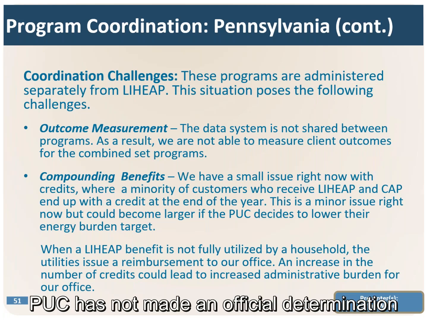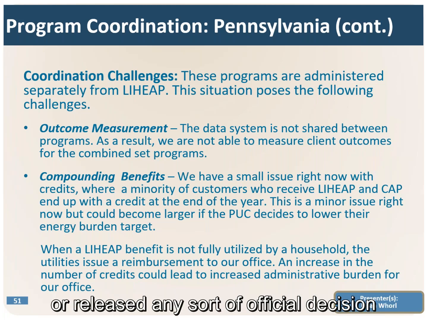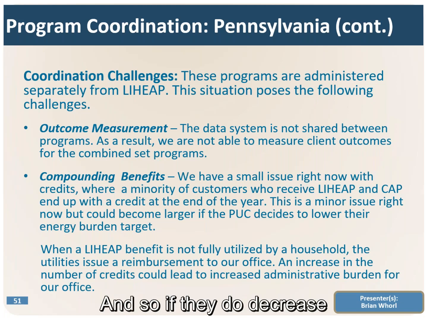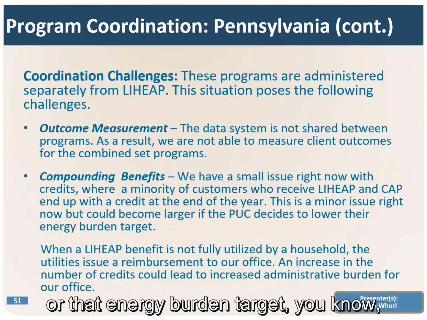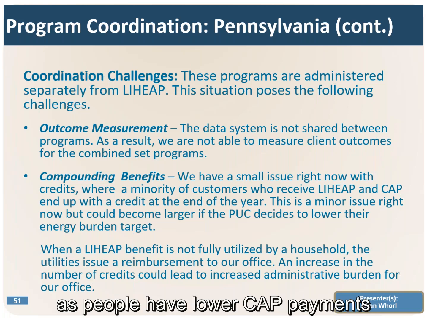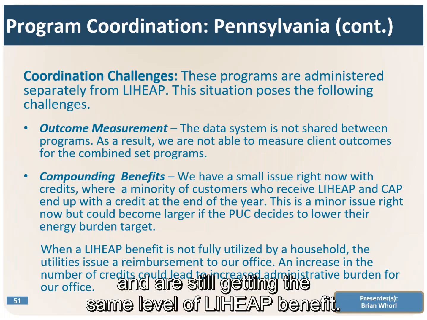PUC has not made an official determination or released any sort of official decision regarding that yet, but we know that there's the possibility for it. And so if they do decrease that energy burden target, we may see this as a larger issue as people have lower CAP payments and are still getting the same level of LIHEAP benefit.